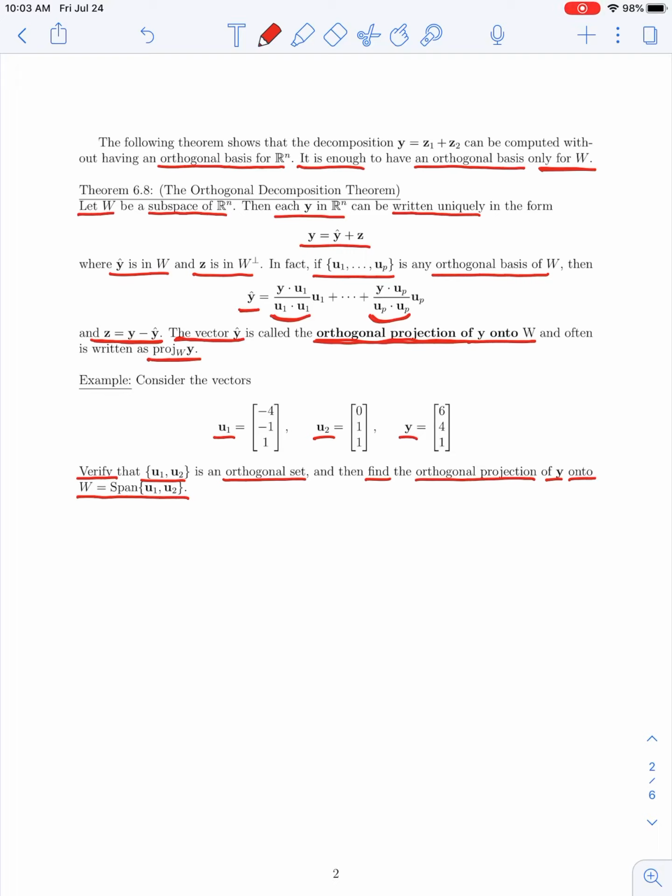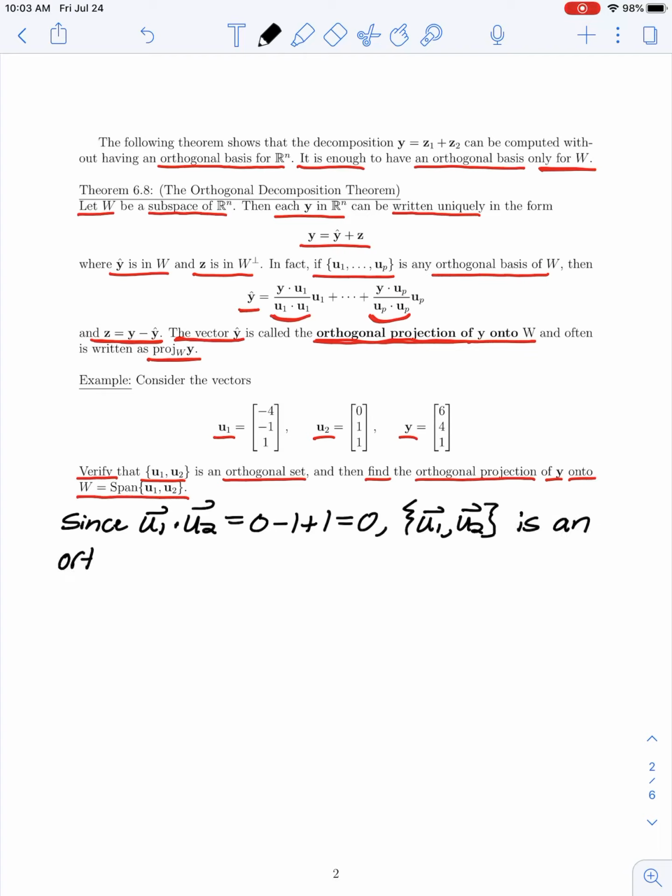So for the first part of this problem, we need to verify that u1 and u2 is an orthogonal set. Since our set consists of only two vectors, we just need to ensure that they are orthogonal. Since the dot product of u1 and u2 is equal to 0 minus 1 plus 1, which is 0, that means that the set consisting of these two vectors, u1 and u2, is an orthogonal set.